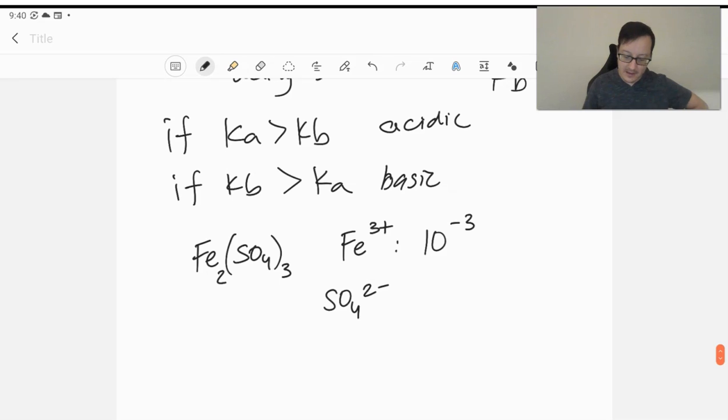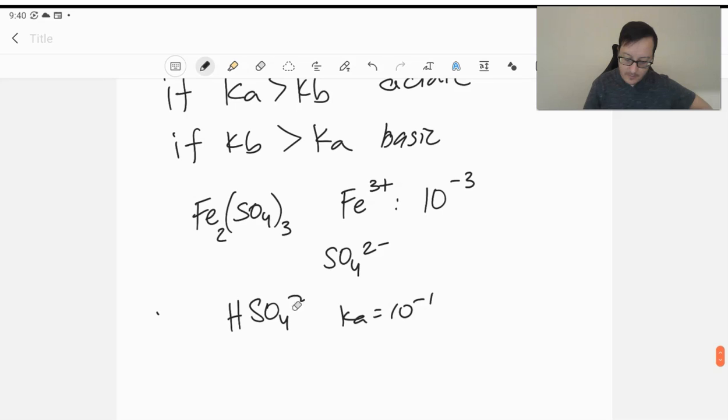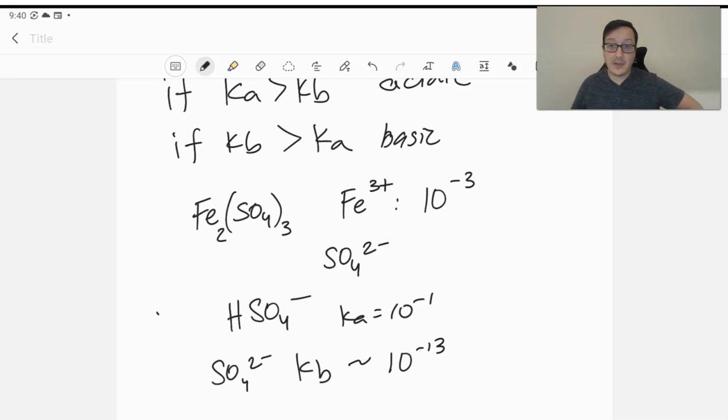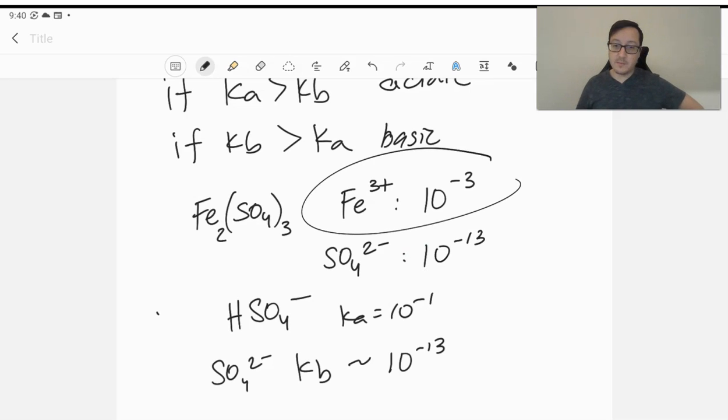You'll see that the Ka for this thing is about 10 to the minus 1. So therefore, Kb for the conjugate is somewhere around 10 to the negative 13. Right? Because remember, they have to add up to 14. So if we look at this, we see, this one is bigger, therefore this solution will be acidic. So that's what we're looking at here.